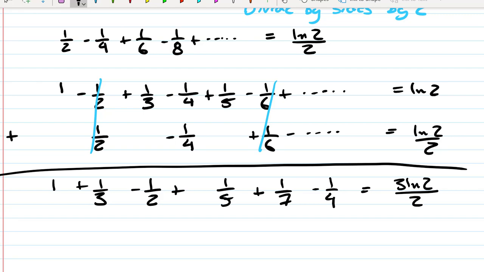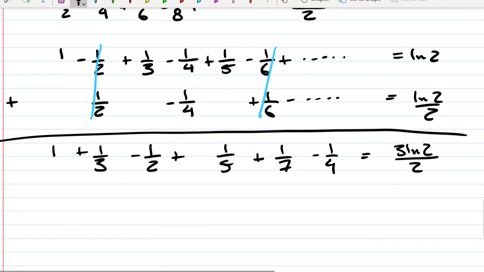Well, this creates a bit of a problem because that's 1 plus 1/3 minus a half plus a fifth plus a seventh, and then there's our fourth, and a sixth, and so forth. We keep doing this.